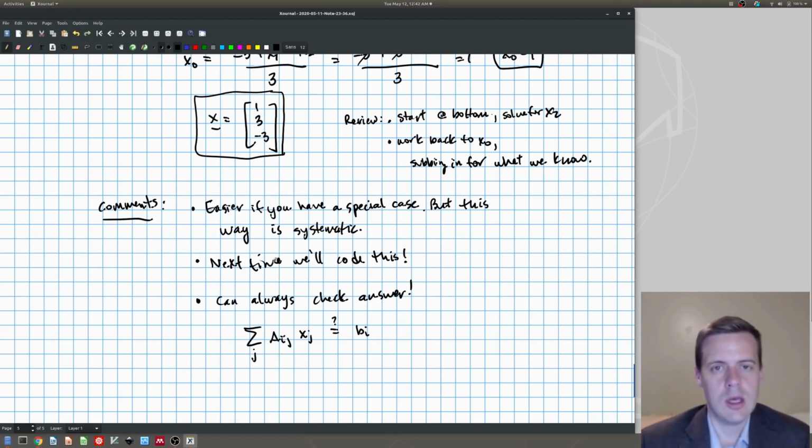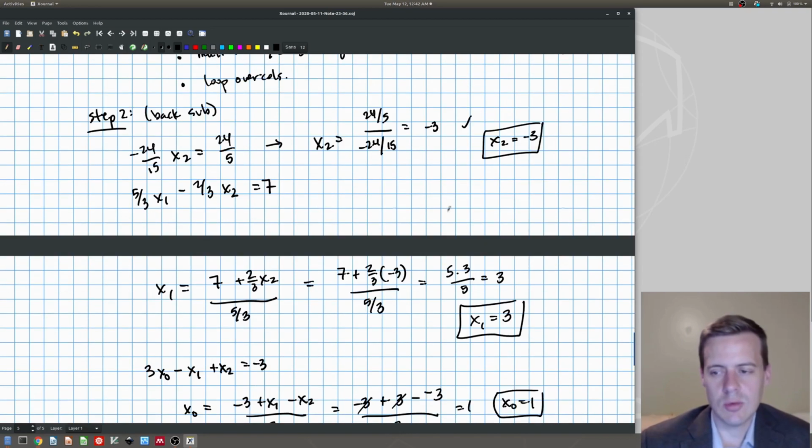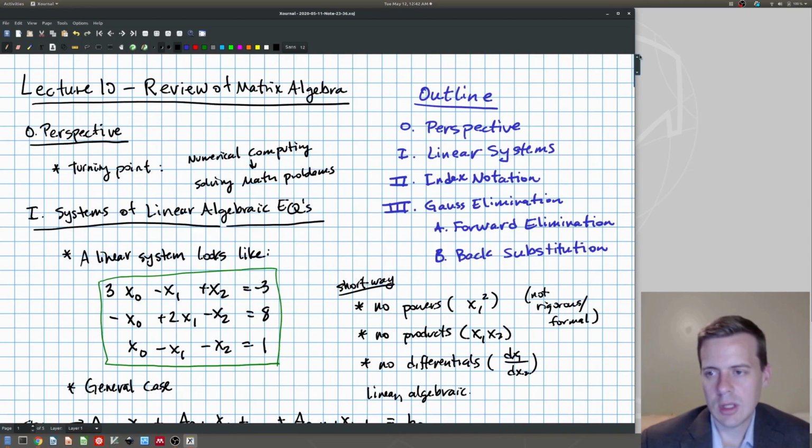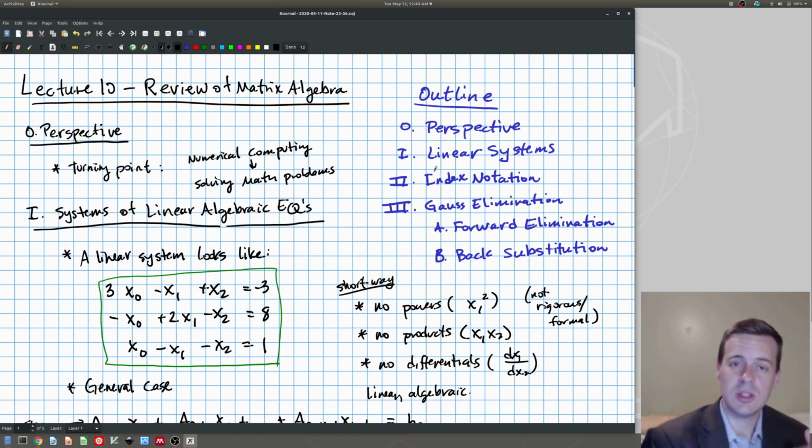So just to review, what did we do? We started out talking a little perspective. We're switching from numerical computing to solving math problems. We introduced linear systems and a general notation for them, and we talked about index notation and how to convert between things you normally write by hand and vector notation and index notation, which is easily translatable to a computer.